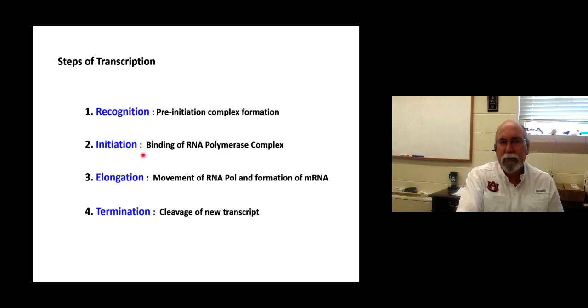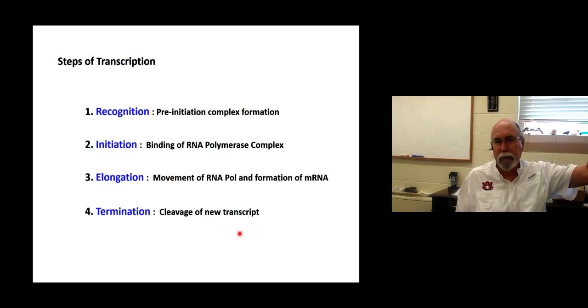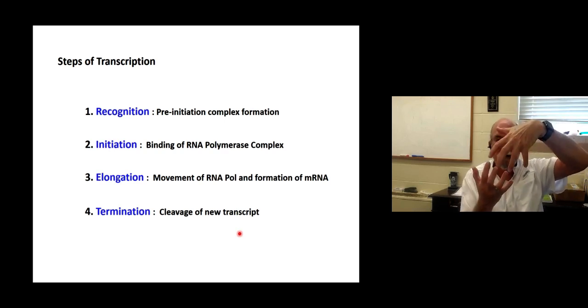Then we'll initiate the process, okay, which basically involves organizing this RNA complex and getting RNA polymerase active. Then we simply move along and elongate through the process, making more and more message. And eventually we have to terminate, right? We have to stop the process. So we have to cleave off the transcript, get it loose from the DNA, get it separate, get that DNA back together.